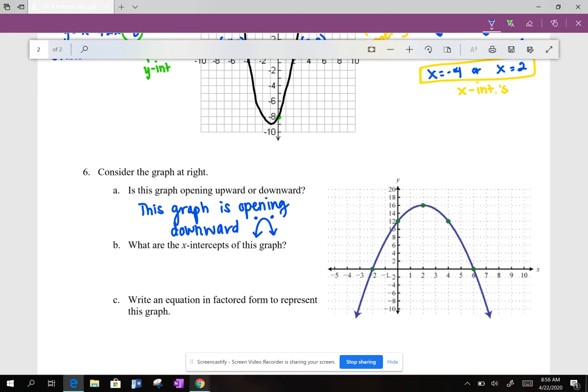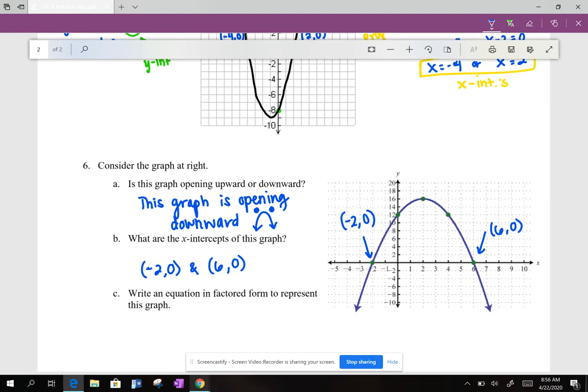It's opening downward. What are the x-intercepts of this graph? That would be -2, 0 and 6, 0.